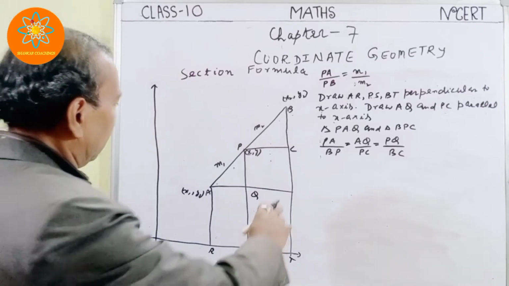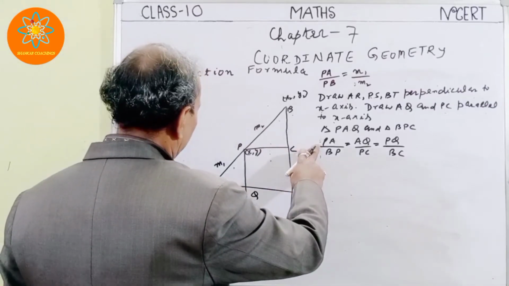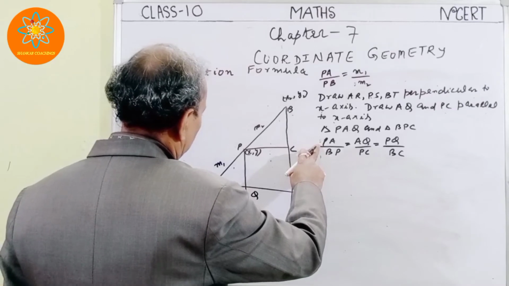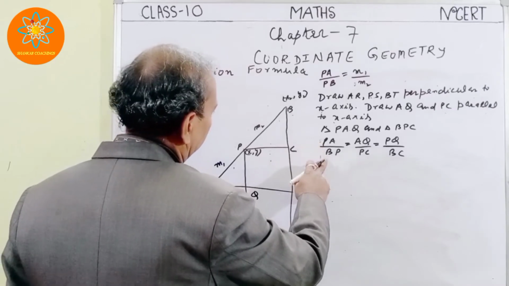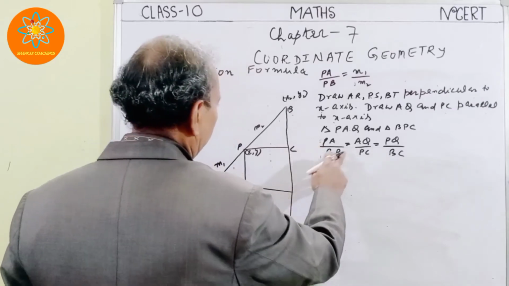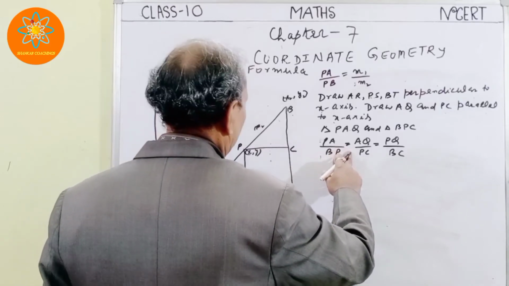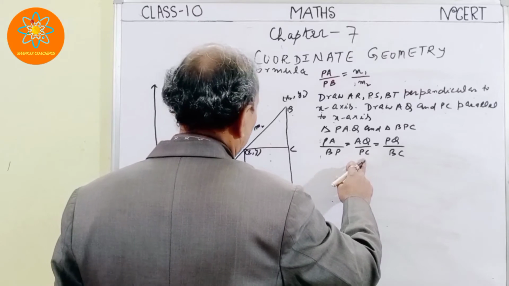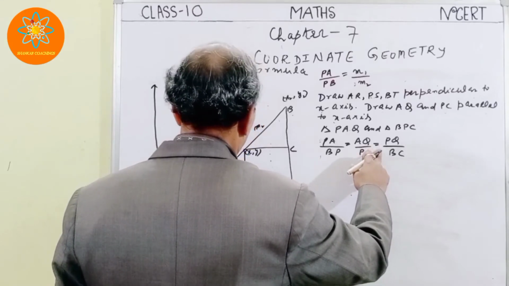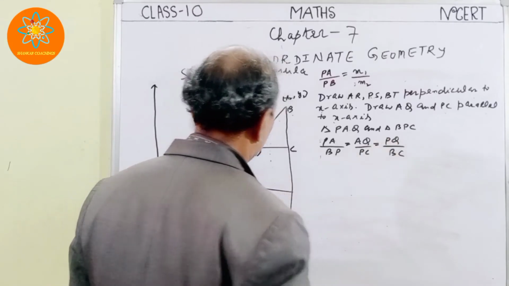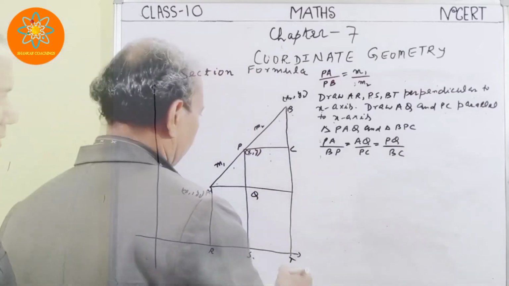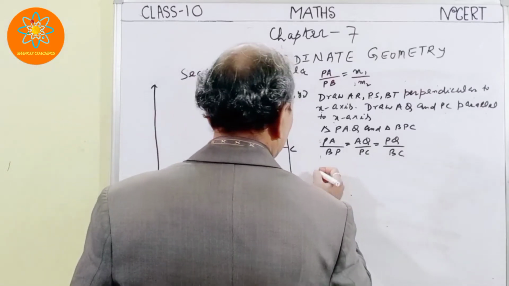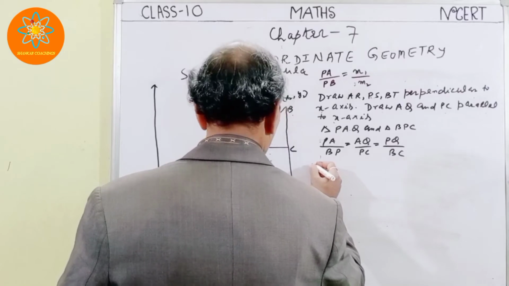It is given here PA by BP is equal to AQ by PC is equal to PQ by BC. What is the value of AQ?